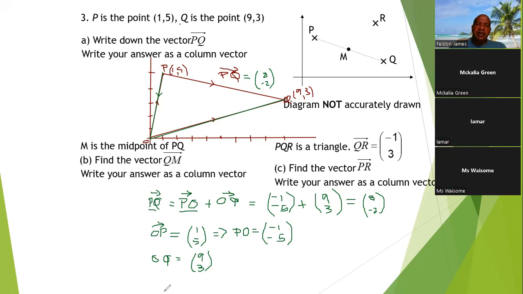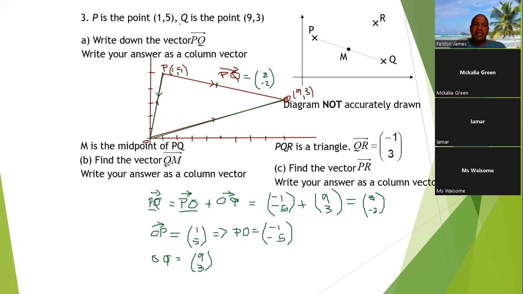Now, the second part of the question asks you to find the midpoint of PQ. How would you find the midpoint of PQ? So we're going from P to Q. Then the midpoint is going to be half of PQ, right?